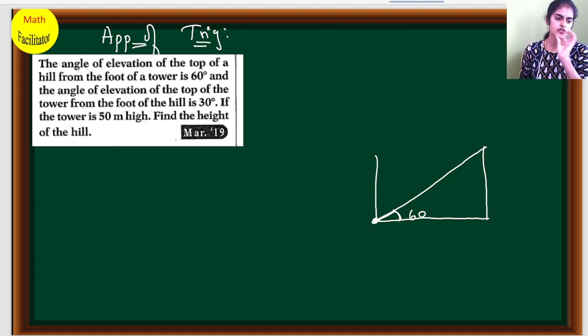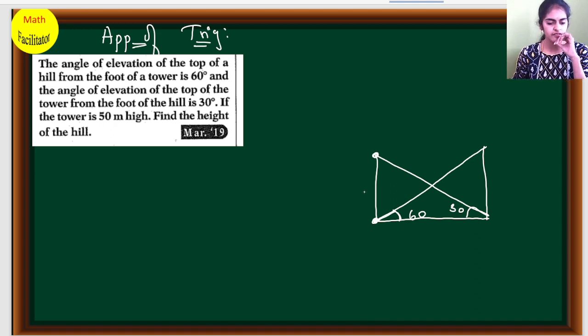The top of the tower from the foot of the hill is 30. The height of the tower is 50. So you have to find the height of the hill.